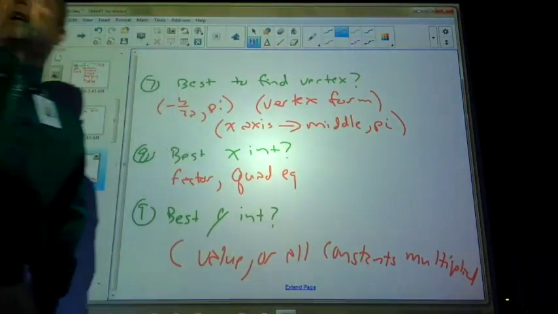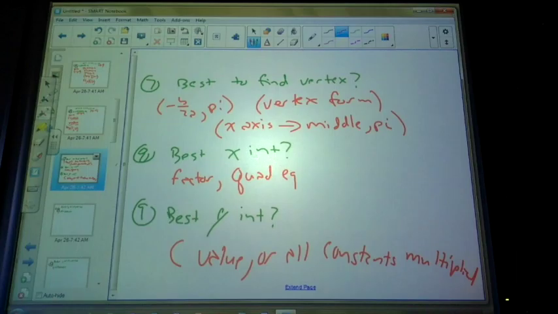A constant is something that's not attached to a letter, so it's not like 3x. It's like x minus 3, it's negative 3 that would be your constant. Okay, so those are just some ways of running through real quick. Can I move on?